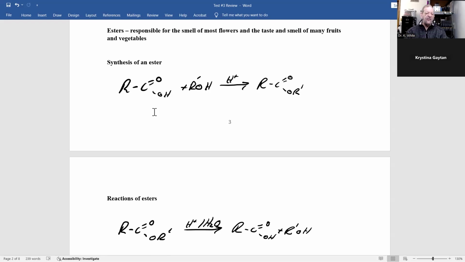Now, to make an ester, you take a carboxylic acid, react it with an alcohol with acid catalyst, that's the H plus. And you lose water, and the oxygen from the OR prime is bonded to the carbonyl. The oxygen is still bonded to the carbon in the R group that was in the alcohol.